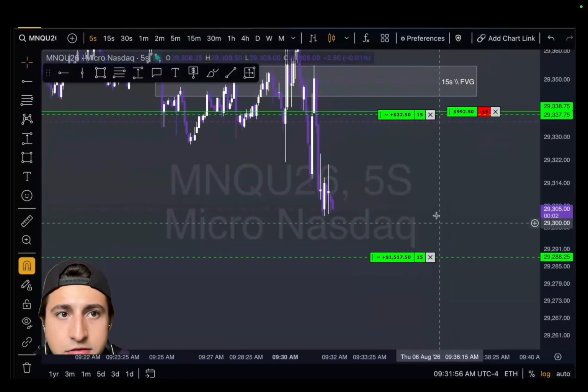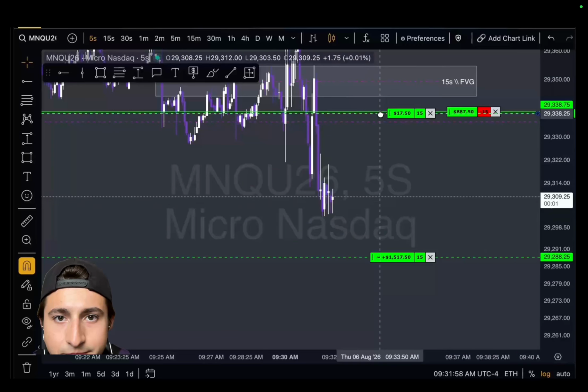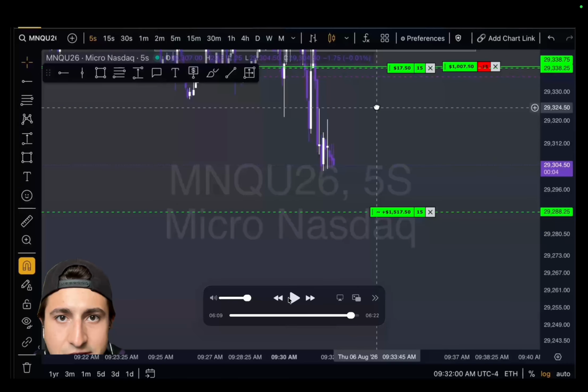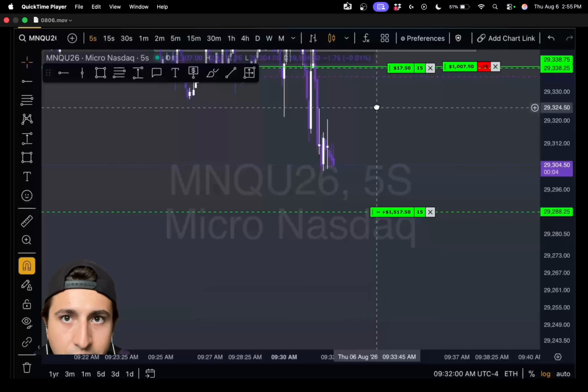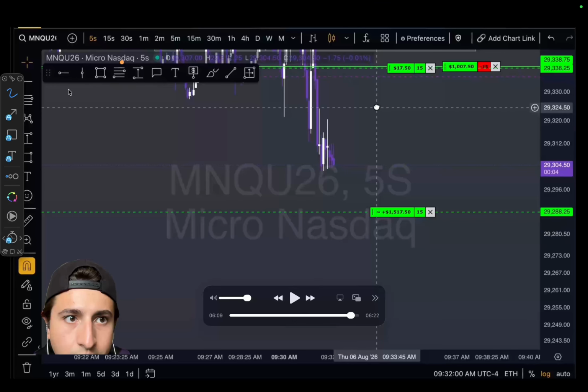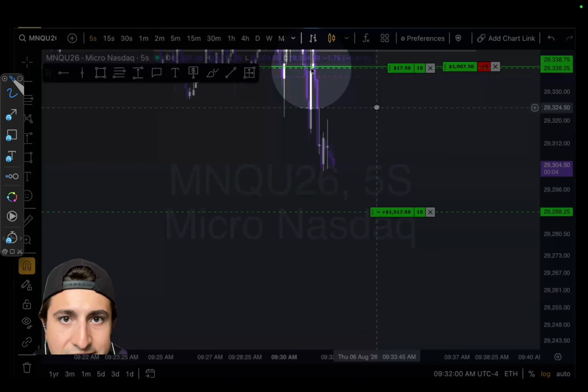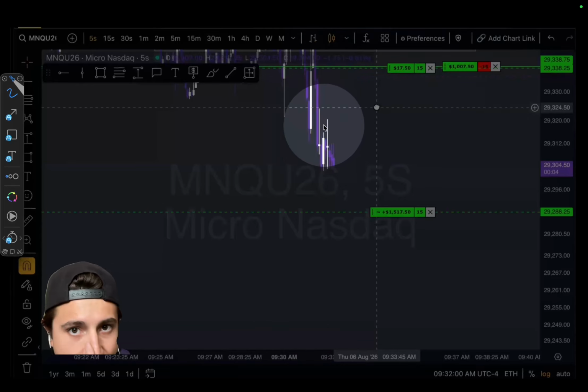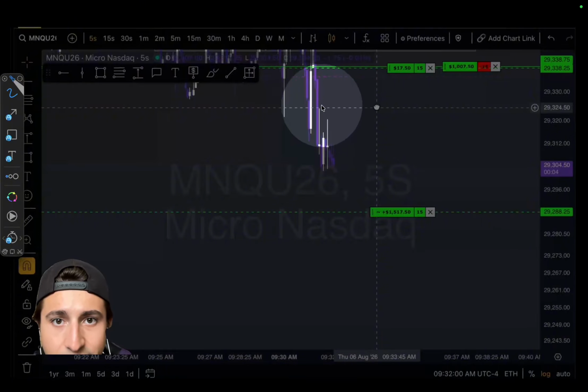So let's watch. We're on the 5-second spectrum, and there's that volume imbalance you see right here. Let me pull that back out. That's where I have my stop. I ideally do not want price to trade right here at all. I do not want to be stopped out, because in this moment I believe this inversion fair value gap setup with the fail to draw higher.